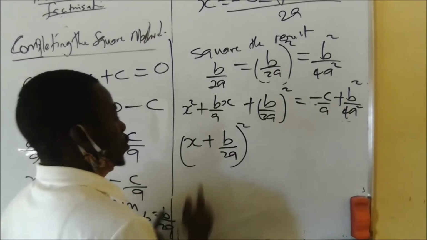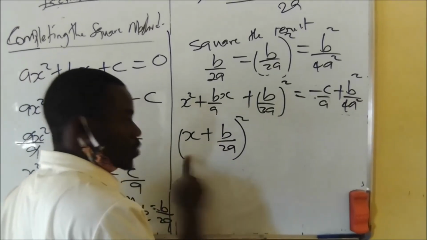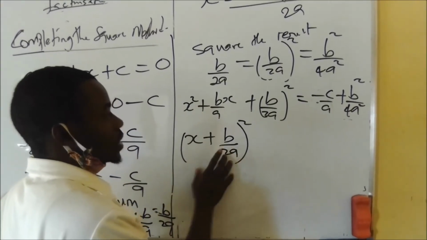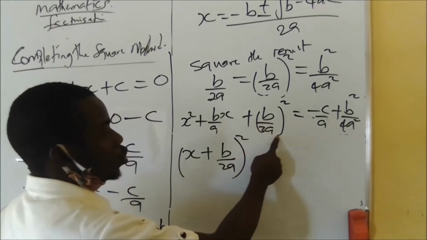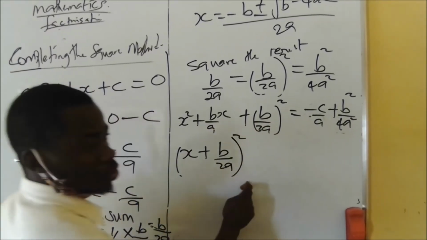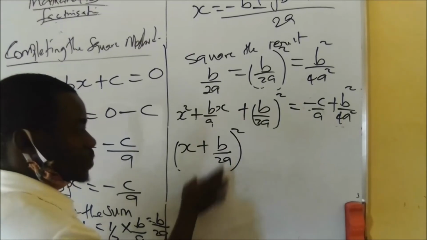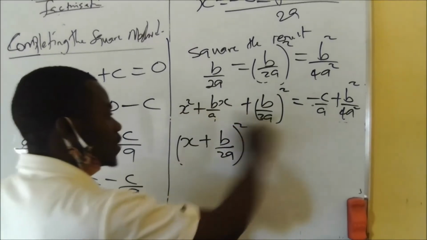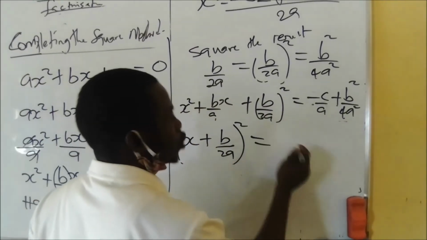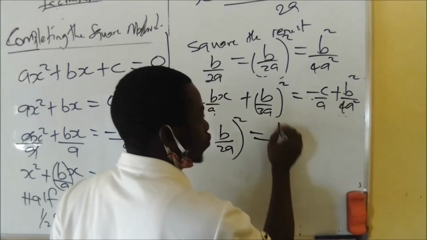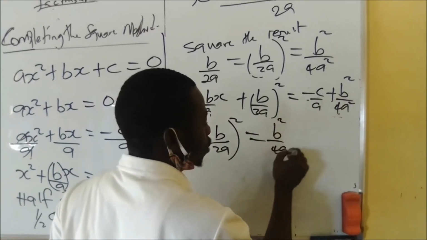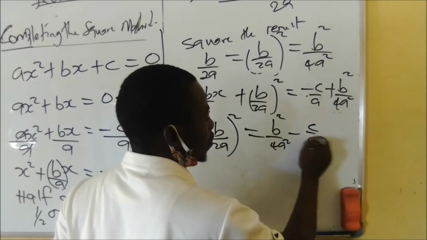By the time you expand this particular one, it will give you back the whole of it. The whole of this is equal to b squared over 4a squared minus c over a.